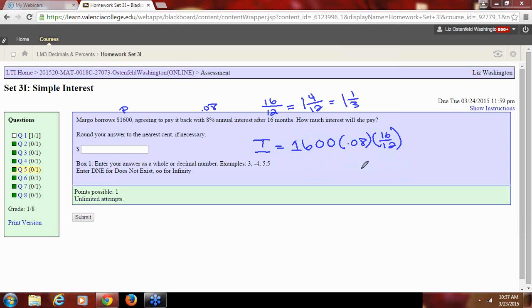So 1,600 times 0.08 is 1,280 times 16 over 12. So then right here what I would do is I would do 1280 times 16, and I would get 480 over 12.